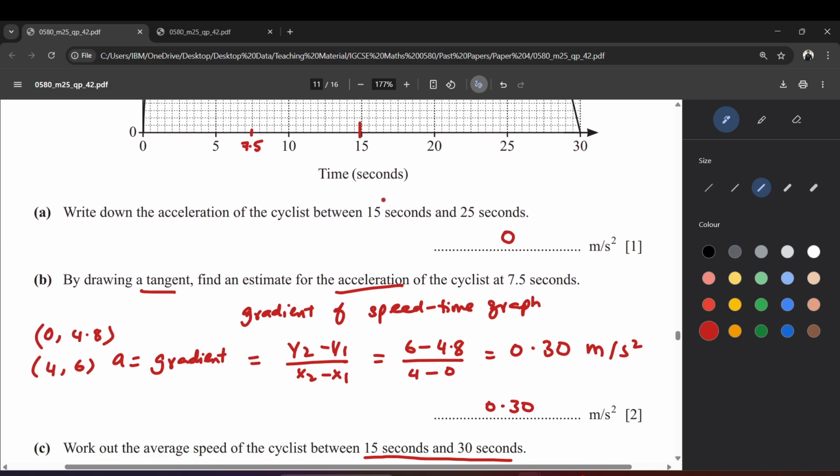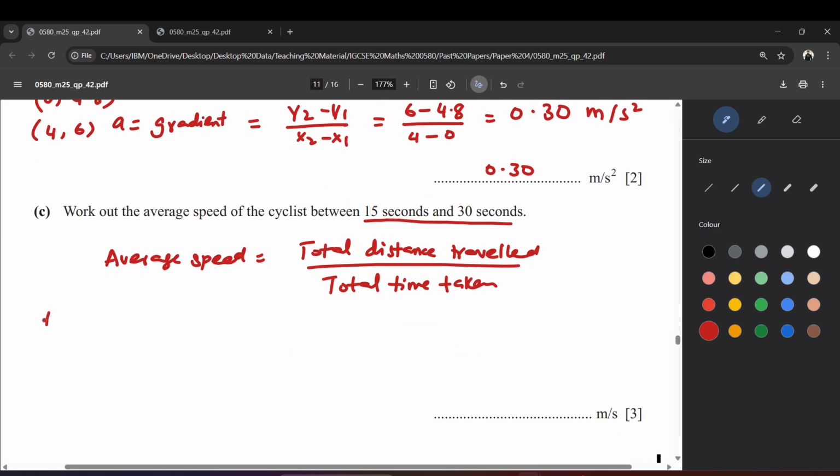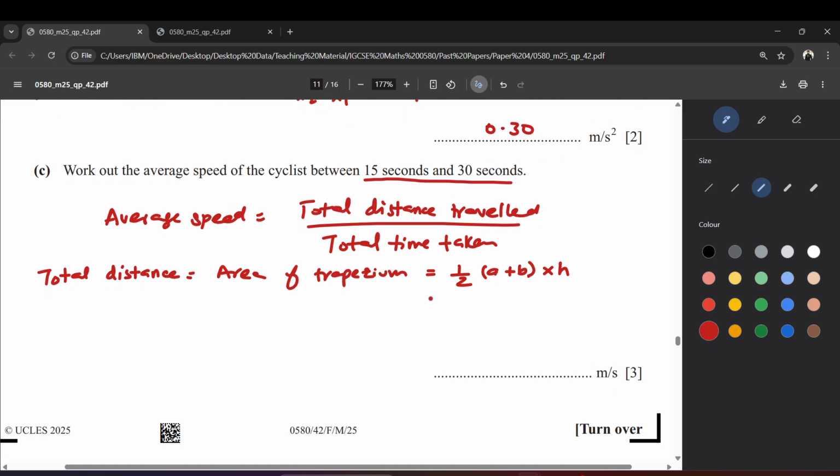So we know that for the area of a trapezium, we can say total distance equals area of trapezium, which is half into sum of parallel sides multiplied by the difference between the parallel sides.